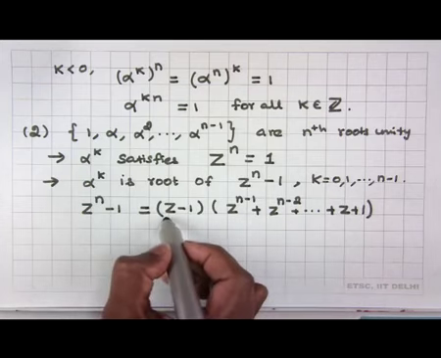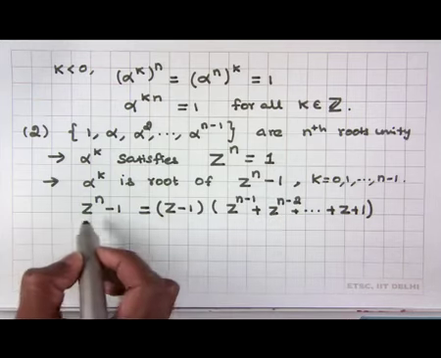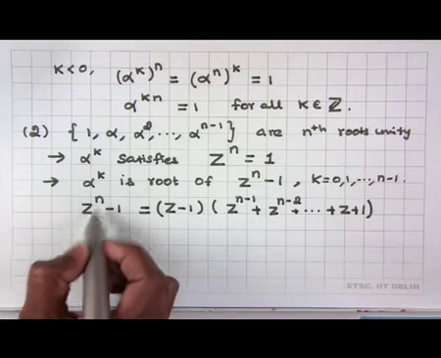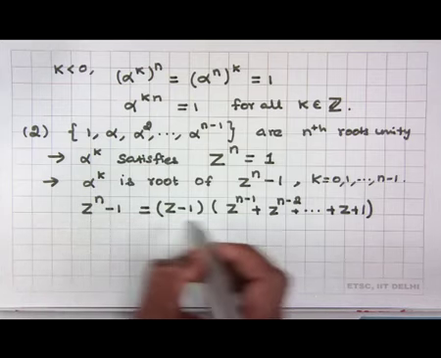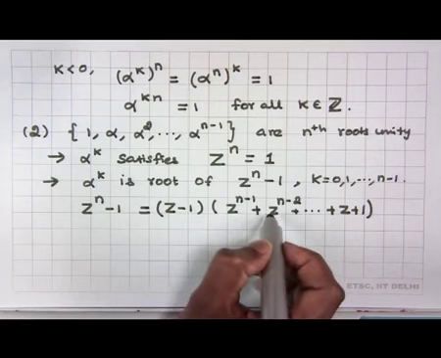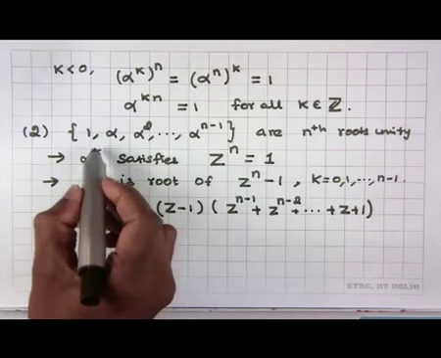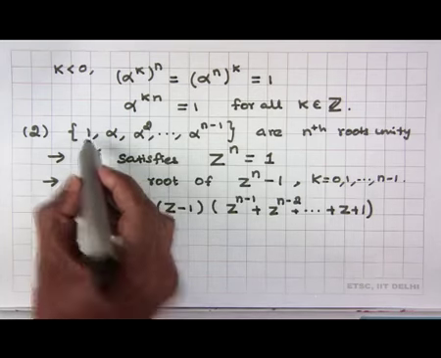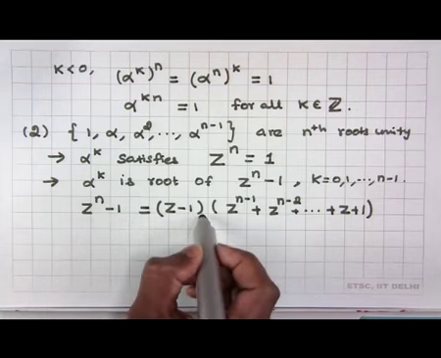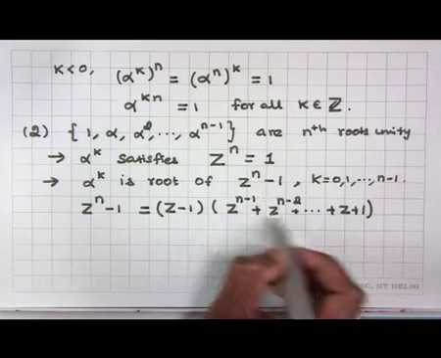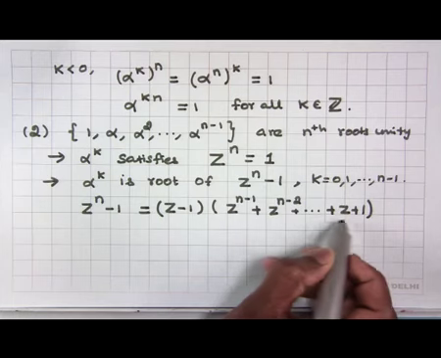By easy calculation we can verify that the left hand side, that is z power n minus 1, is the same as writing in terms of the product of these two factors. Now, since z equal to 1 is a root for this polynomial, we have factored out the term, and the remaining factor is the n minus 1 degree polynomial.